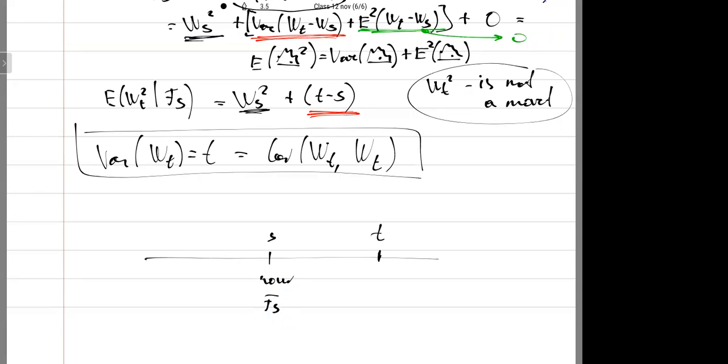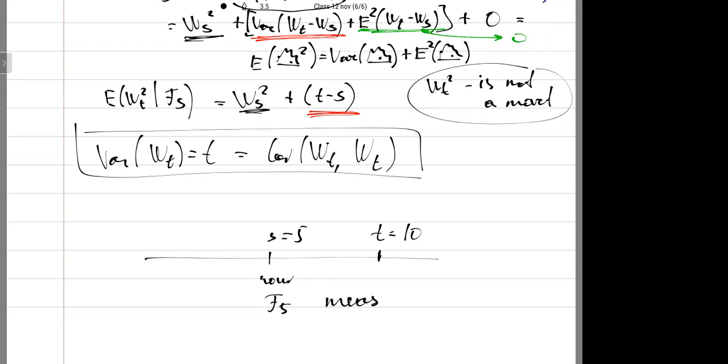There are many random variables whose values we can state. Let's imagine S is 5 and T is 10, okay? So you know information F5. Which random variables are measurable with respect to F5? Which values can you calculate?